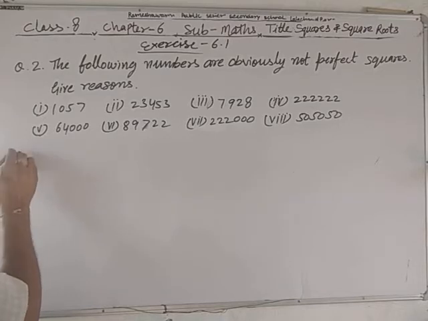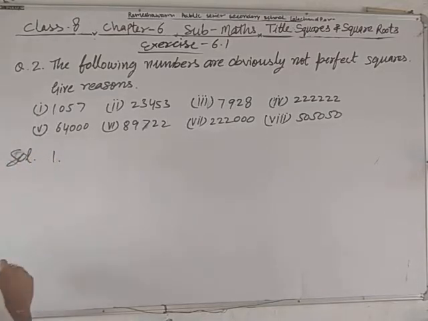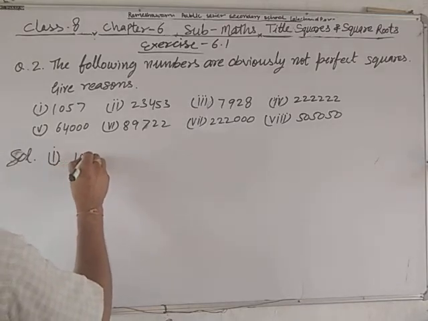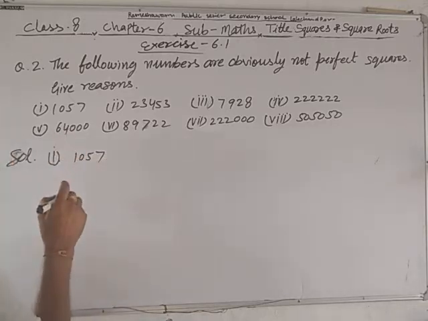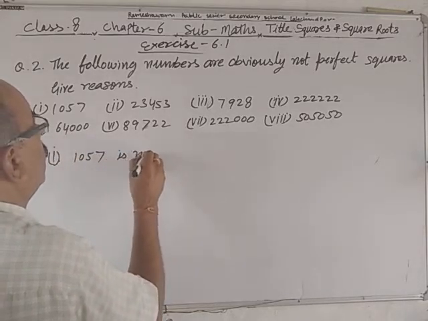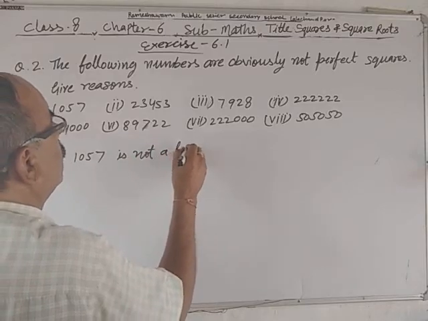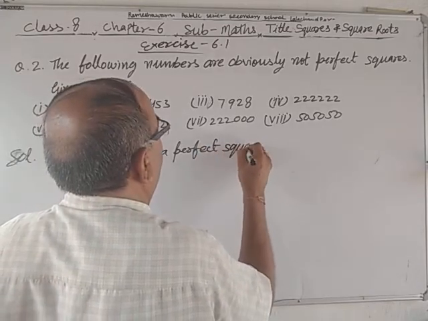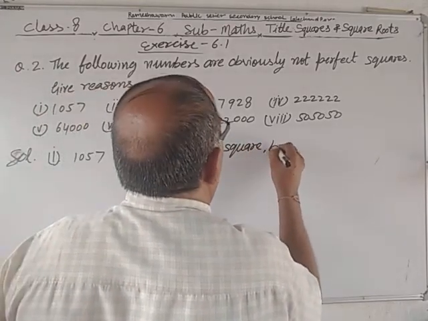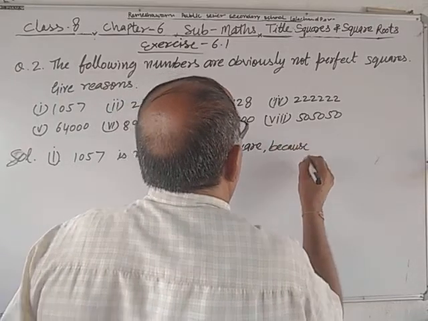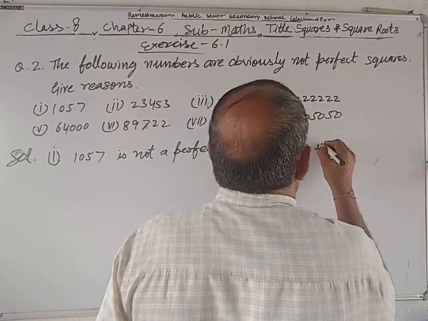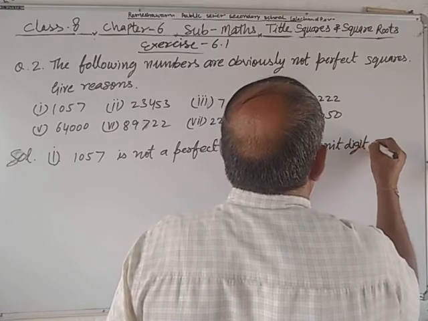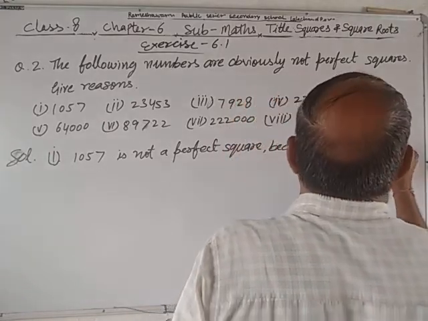Solution: first, 1057 is not a perfect square because the unit digit is 7.